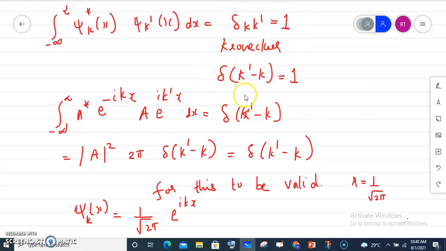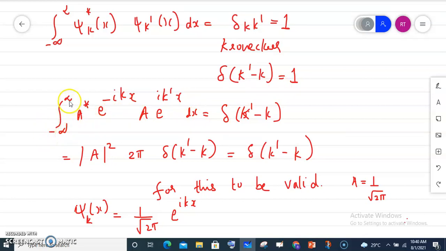If the eigenvalues are continuous, then we have to use a Dirac delta function, so delta k prime minus k. That is how we define it if the eigenvalues are discrete or continuous. Here we are dealing with the continuous case.